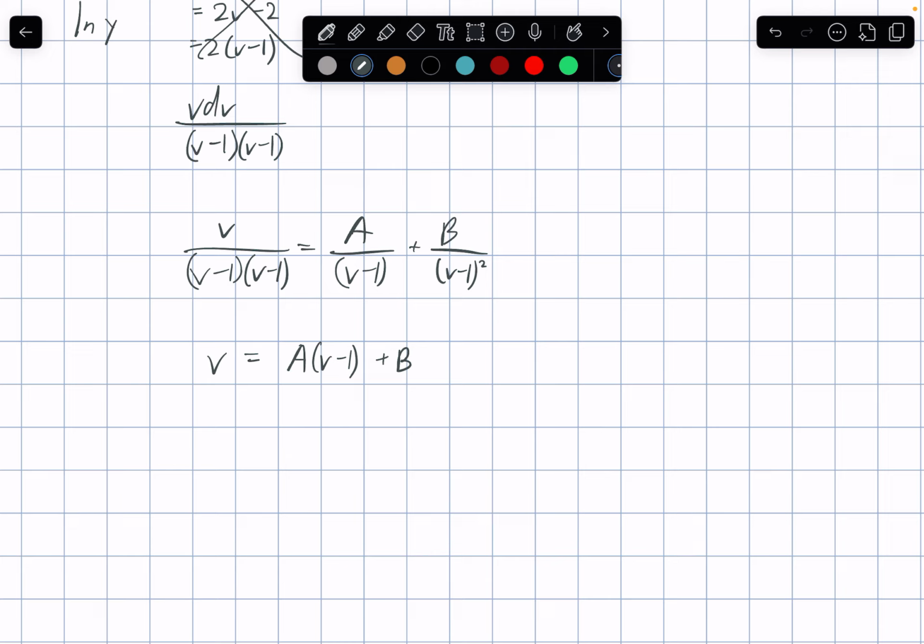Now what? Let V equal to 1. 1 equal to A times 0 plus B. Okay, so B is equal to 1. That's established already.